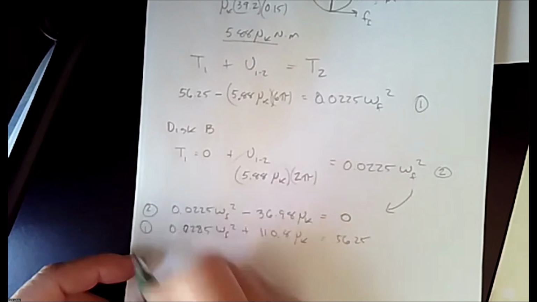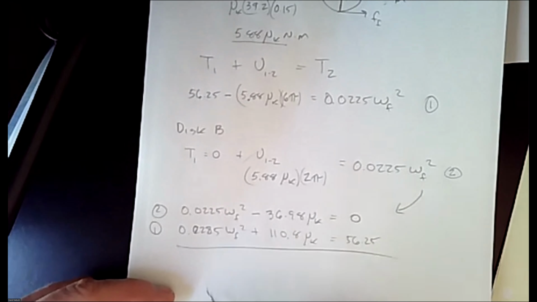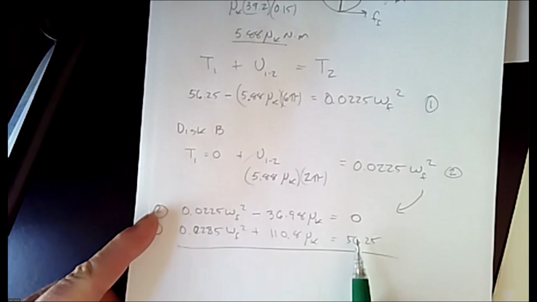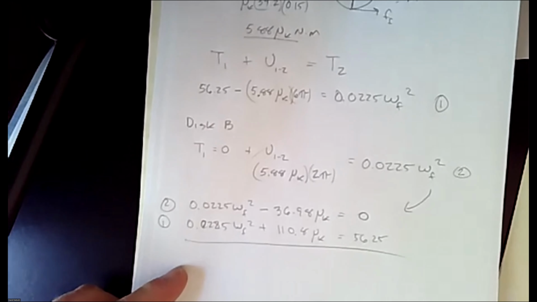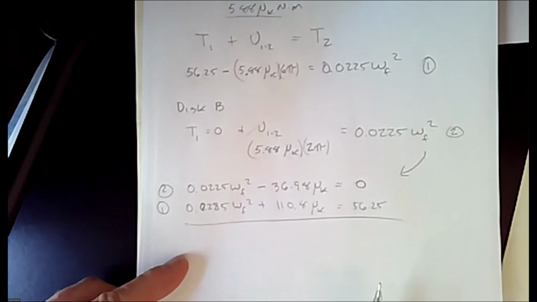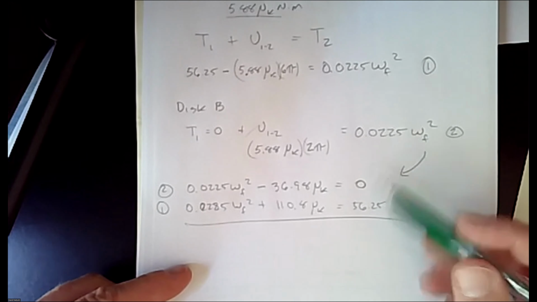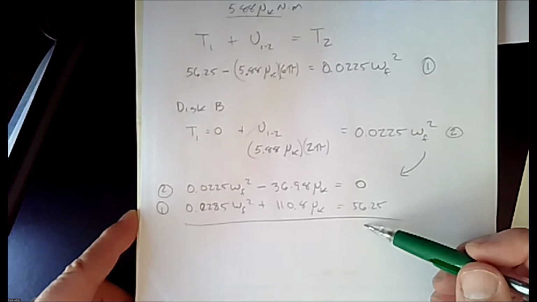That's equation 1. So we can multiply through and then add or subtract whatever we want to do, but we'll get rid of this term. And then we can subsequently solve. And then it's just algebra at that point because you have the 2 equations.